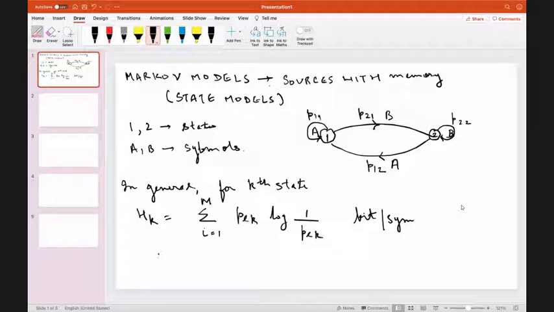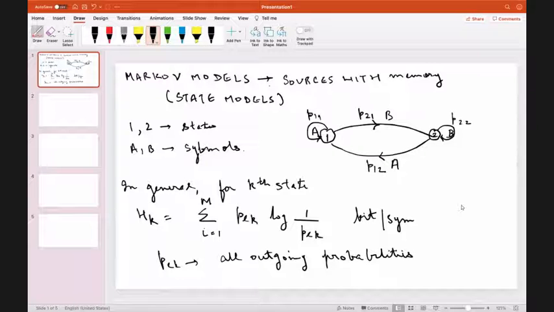So PLK is all the outgoing probabilities of state K. In this case, for example, you will take into account probability P11 and probability P21 because they are outgoing probabilities for state 1.